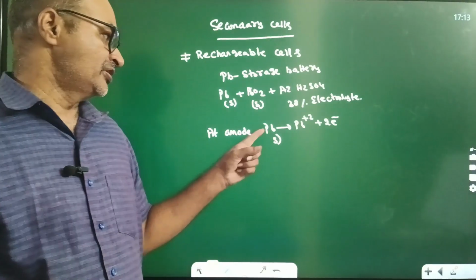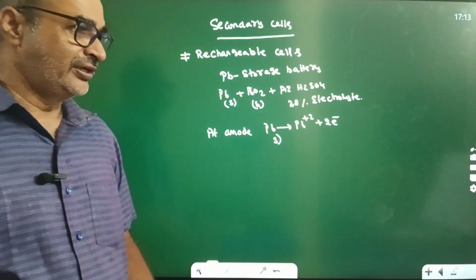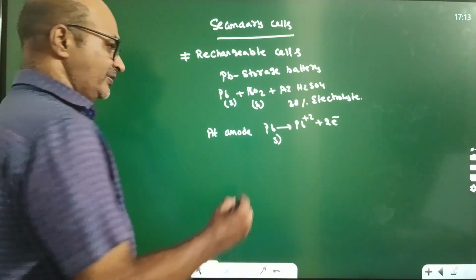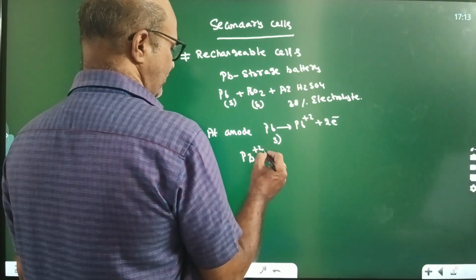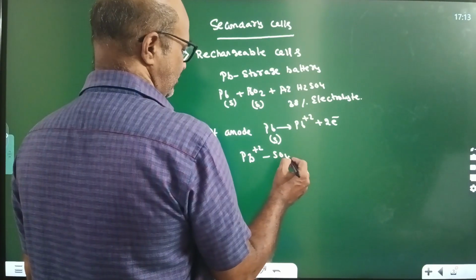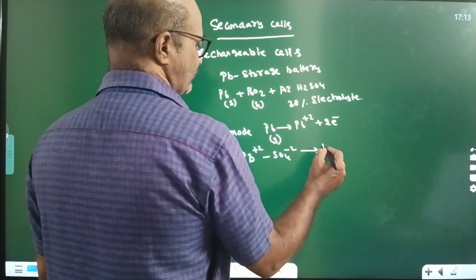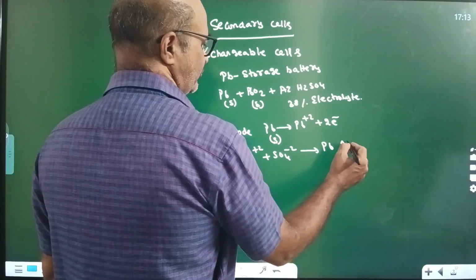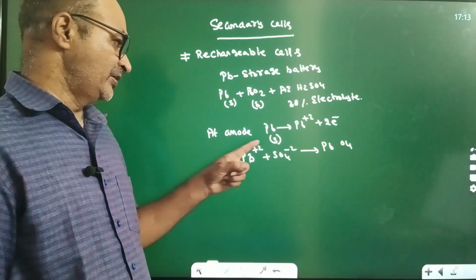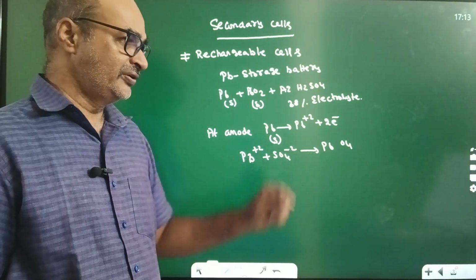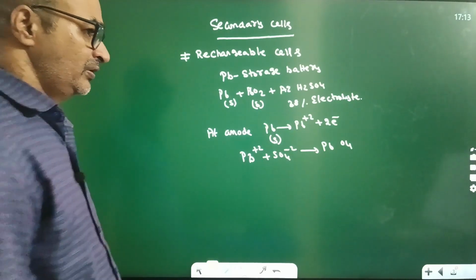This Pb2+ combined with the sulfate ions gives rise to PbSO4.